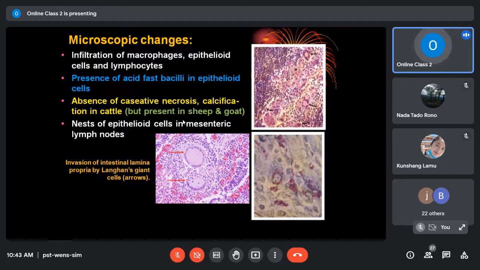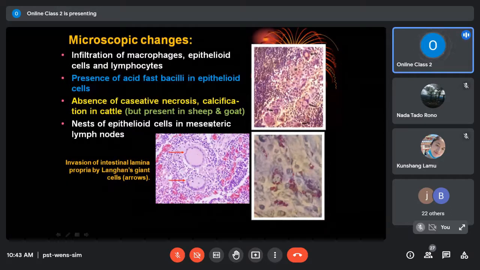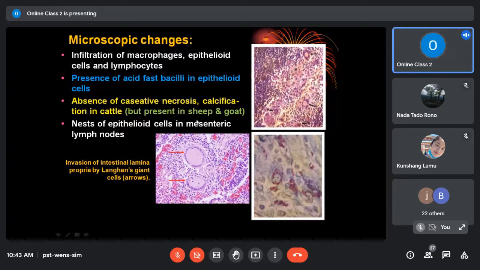But in case of Mycobacterium paratuberculosis, or Johne's disease, it is not like that; it remains absent particularly. But so far as sheep and goats are concerned, they may show a similar type of caseous necrotic area in the center, and calcification. There may also be thickness of the epithelioid cells when we look at sections of the mesenteric lymph nodes.